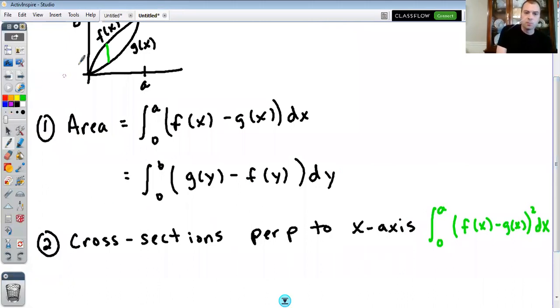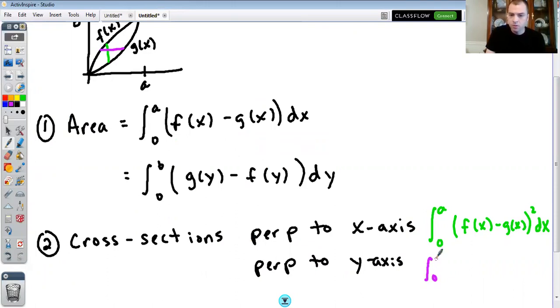If cross sections are perpendicular to the y-axis, so if we head the other way, the setup is essentially the same. It's just right minus left, and 0 to b. So g of y minus f of y squared, and then dy. Again, the thickness of each partition is now a dy, change in y.